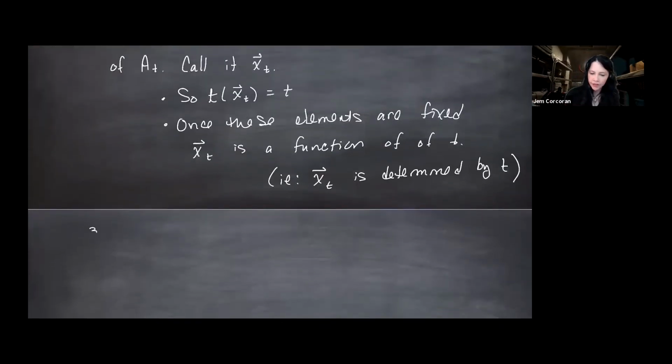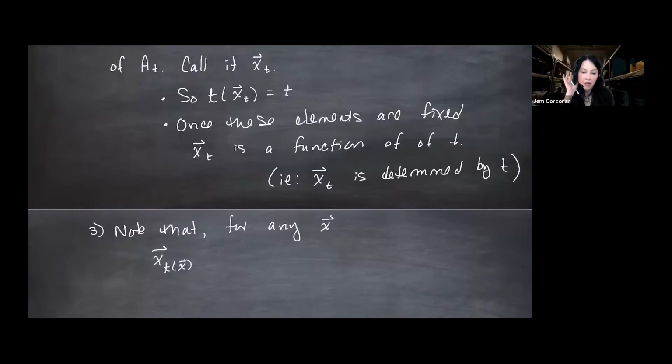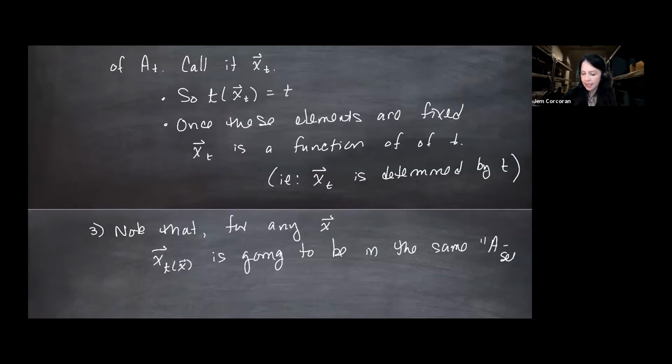We partition the set and we fixed an element to represent the set. And so the third thing I'm going to do is to note that for any vector x in the support, the vector x sub t of x, little inception like here, is going to be in the same partition set as x.